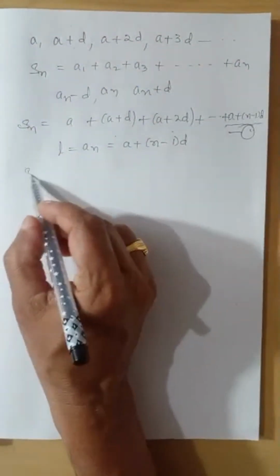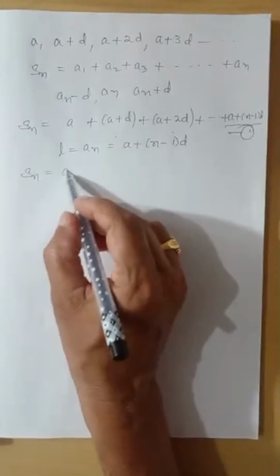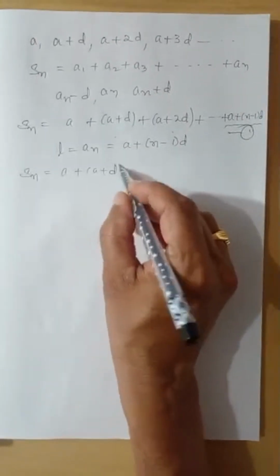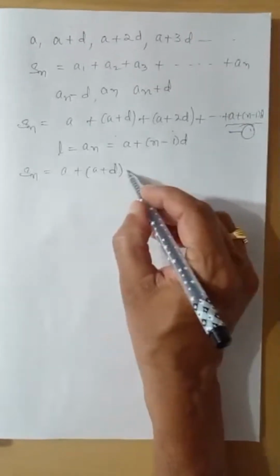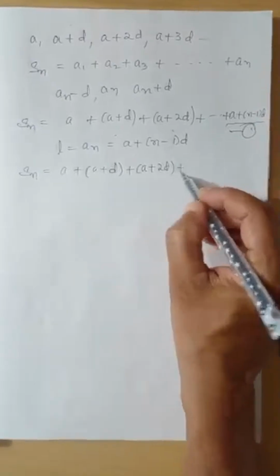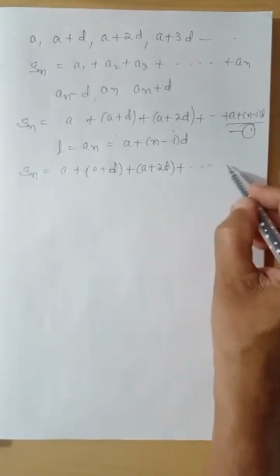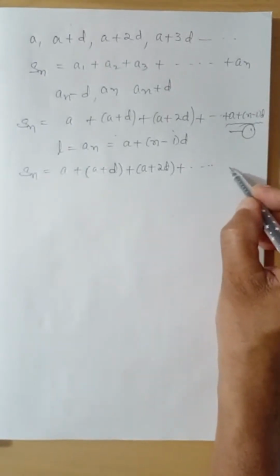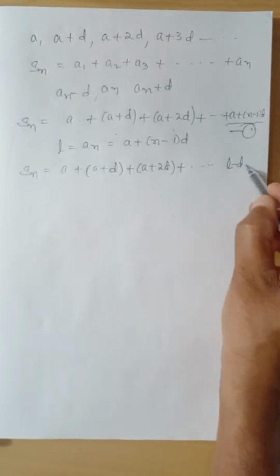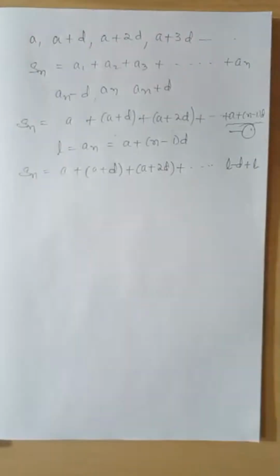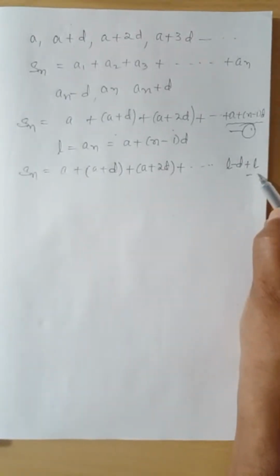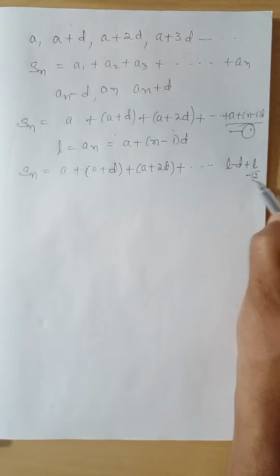Here I want to take Sn is equal to a plus d, plus a plus 2d, plus dot dot dot. Here l is the last term, its previous term is l minus d, plus l. Take this as equation 2.